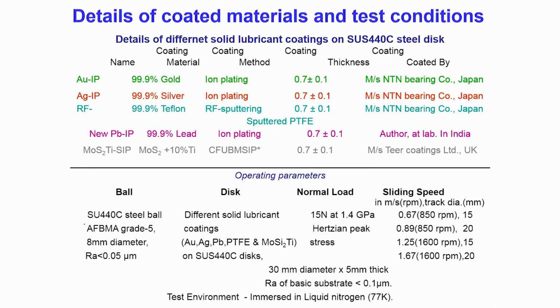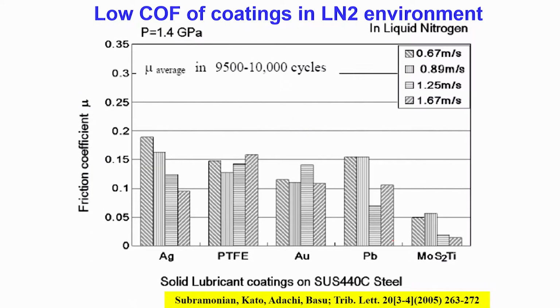So what are the different operating parameters? You have a SUS 440C steel ball, you have a disc with different solid lubricants, your normal load is around 1.4 gigapascal, and your sliding speed is 0.67 and can go up to 1.67 meter per second. Now let us look at a summary of the coefficient of friction results.